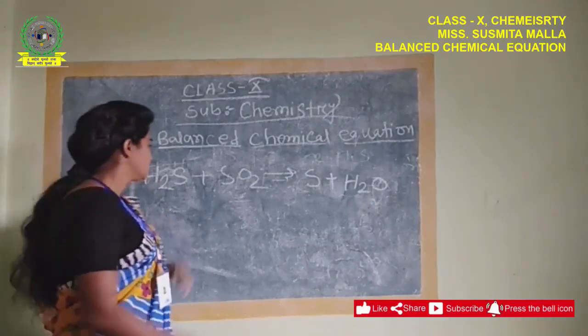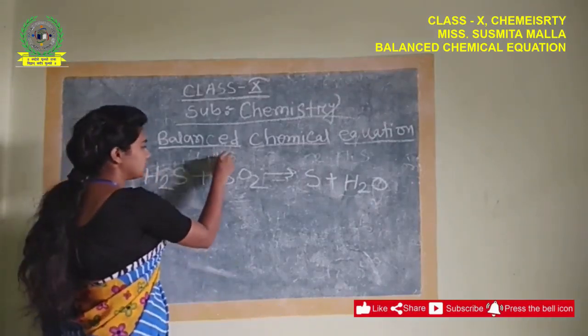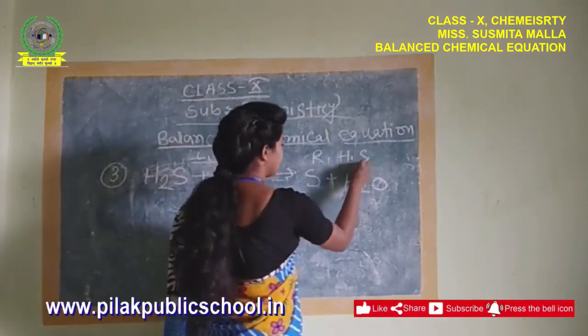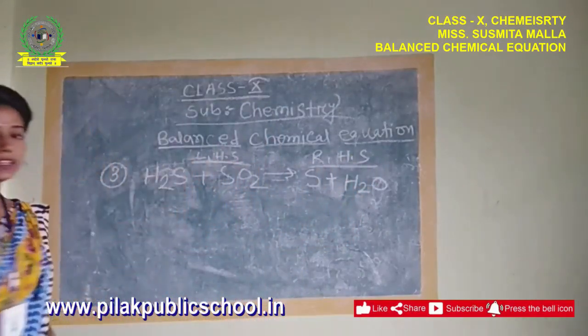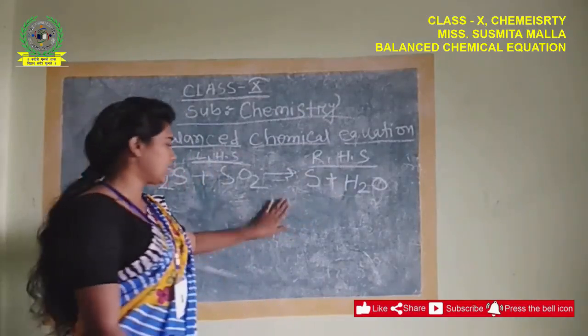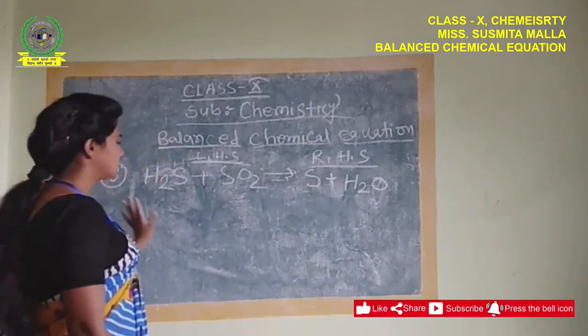So this is the left hand side and this is the right hand side of the chemical equation, and this is an unbalanced chemical equation. Now we balance the chemical equation.